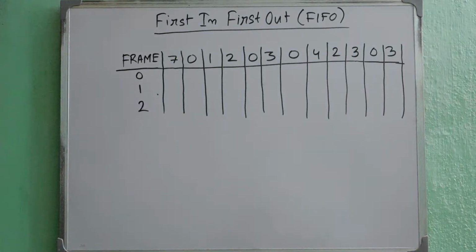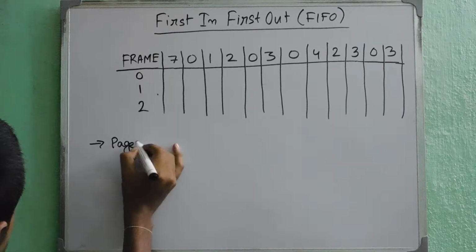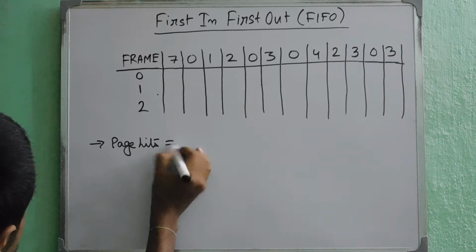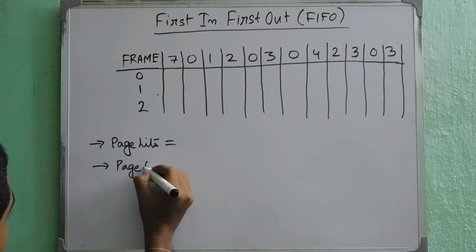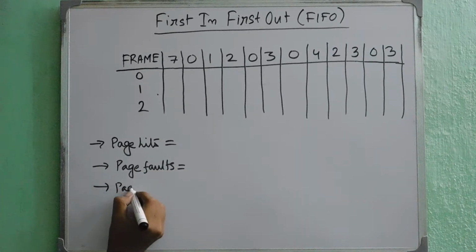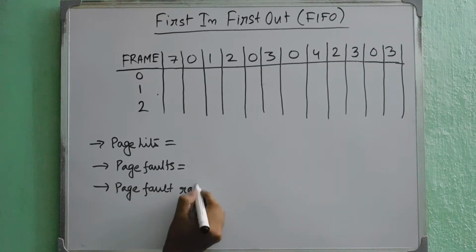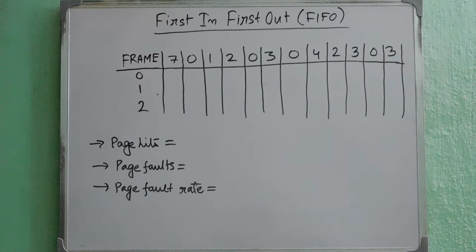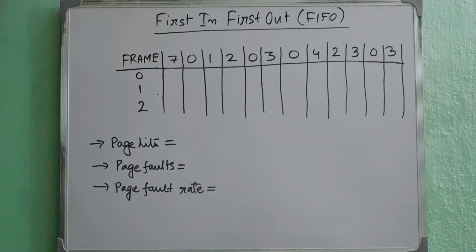Now, what we have to calculate? We have to calculate the number of page hits, the number of page faults, and the page fault rate. So these 3 things we have to calculate.